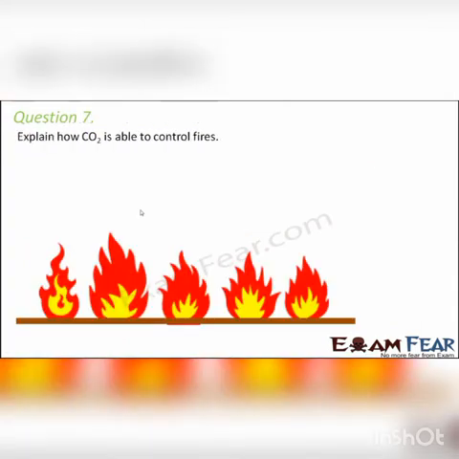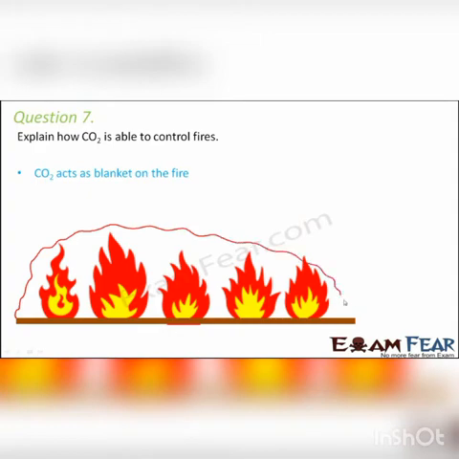Question number 7. Explain how carbon dioxide is able to control fires. Now, as I mentioned before, carbon dioxide is generally used in scenarios where water cannot be used to control fire. One such scenario is fire involving electrical equipments. When carbon dioxide is sprayed through the fire extinguishers, it acts as a blanket over the substance and the fire.